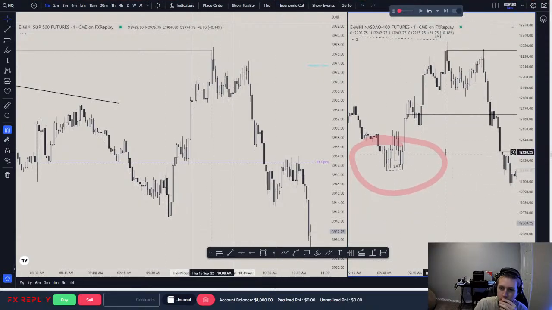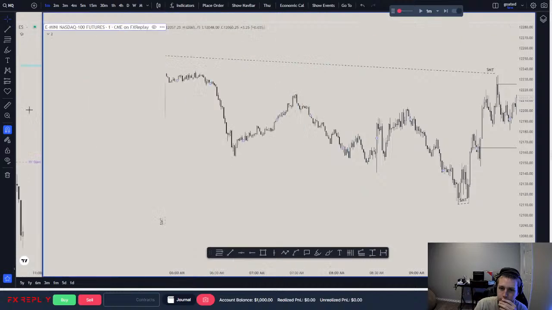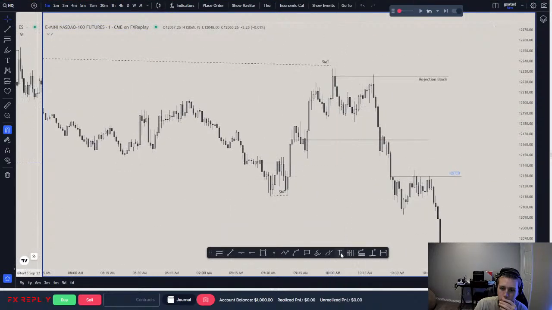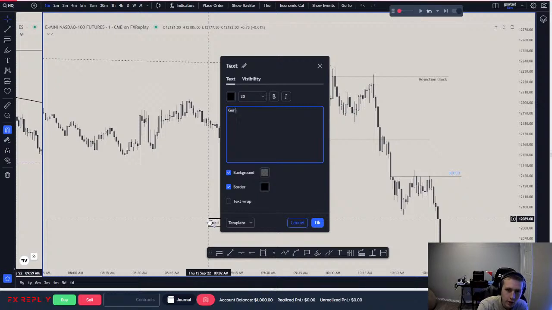All right, so we did have SMT there. Generated liquidity right above failure swings.